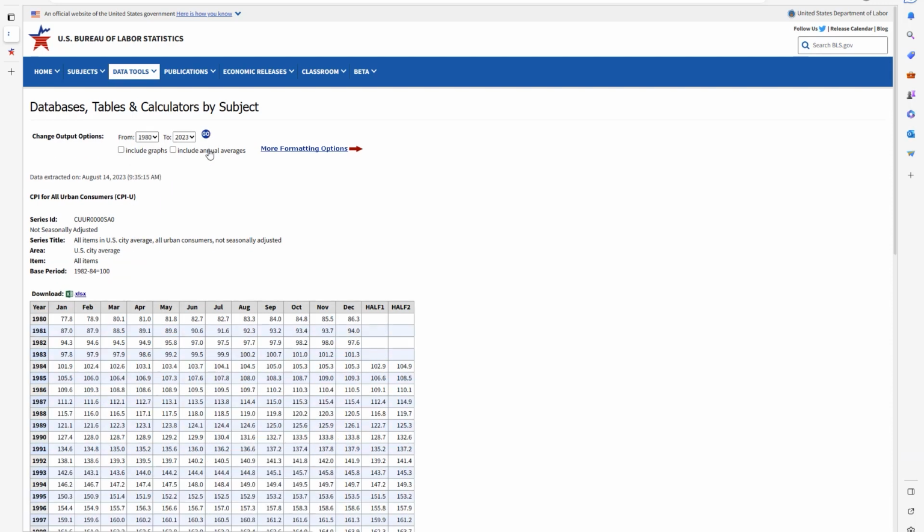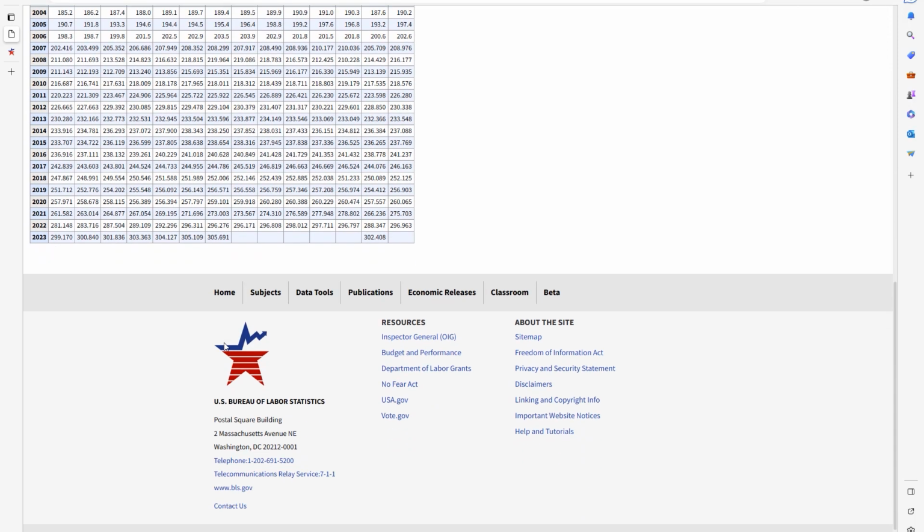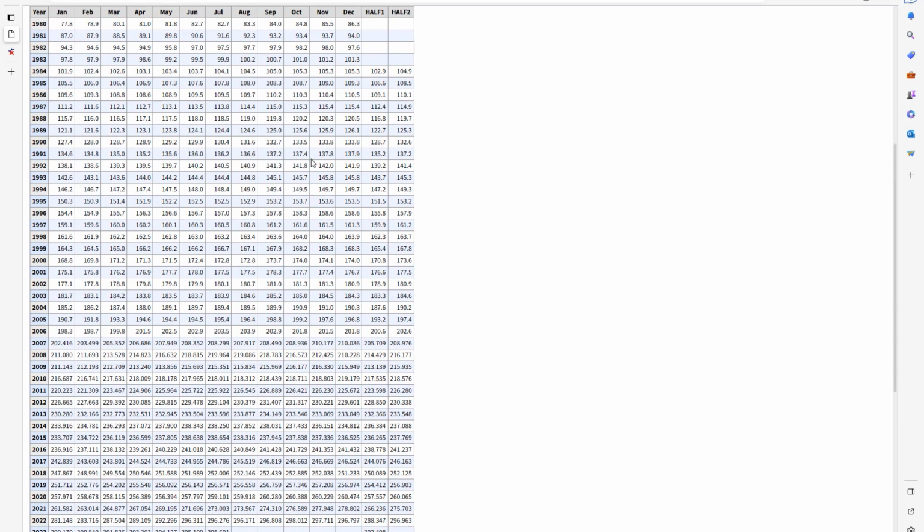For example, you can look at 1980 and you see all the various values of the CPI. The CPI is set to 100 for the periods of 1980 to 1984. That is the base period, but since it is an index, this can be adjusted.